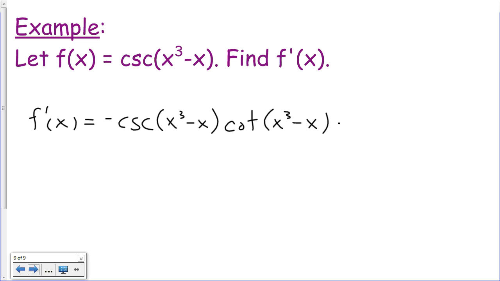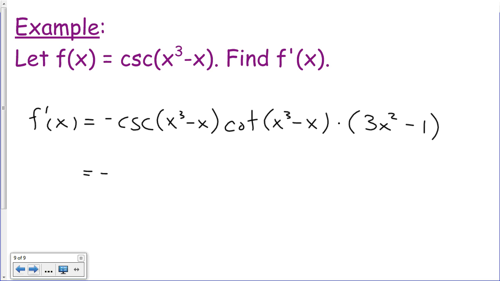The third step of chain rule says to multiply by the derivative of the inside, the derivative of x cubed minus x. It's actually a difference of functions here, so take the derivative of x cubed, that's 3x squared, minus the derivative of x, which is 1. And there is our derivative. And I'd probably rewrite this.